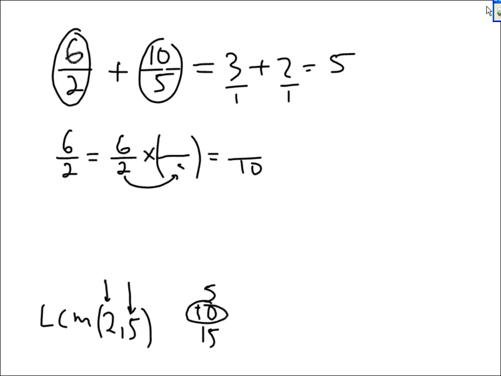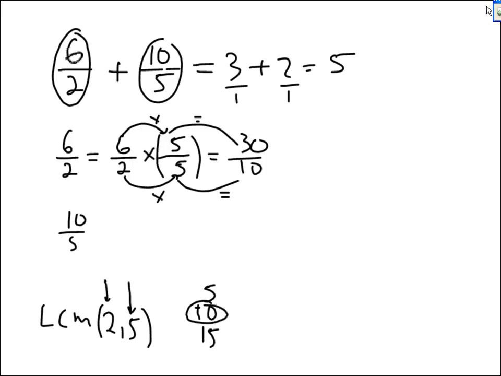Well, 2 times 5 equals 10, so I have to put a 5 on the top, because 5 over 5 is 1. 6 times 5 equals 30. So 6 over 2 is 30 over 10.